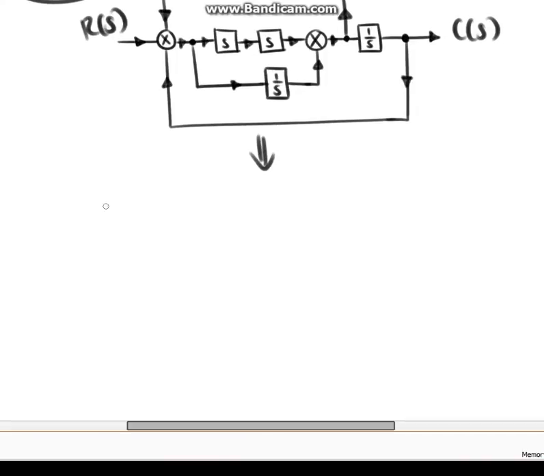Each node is going to be the resulting signal after it passes through these blocks.